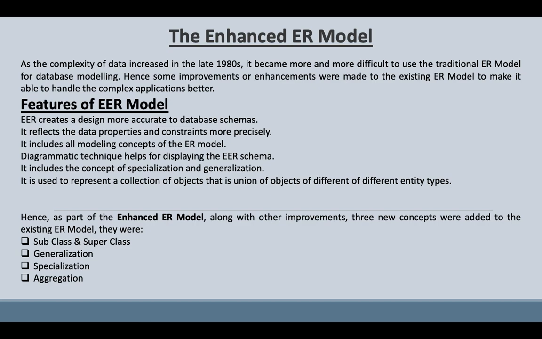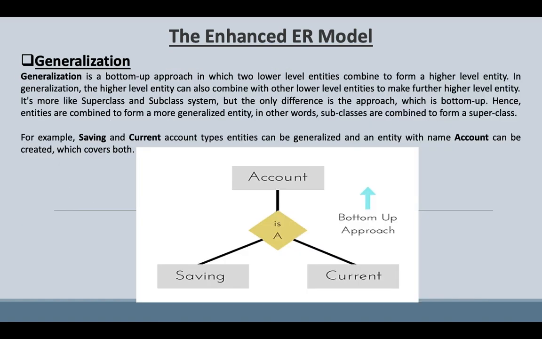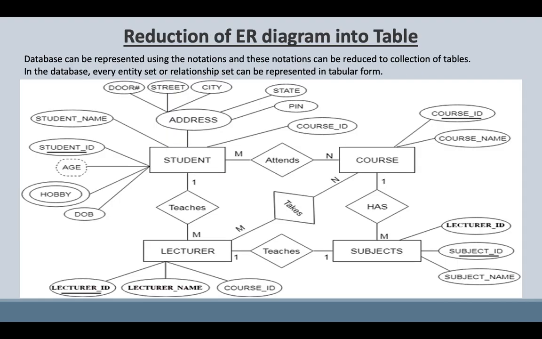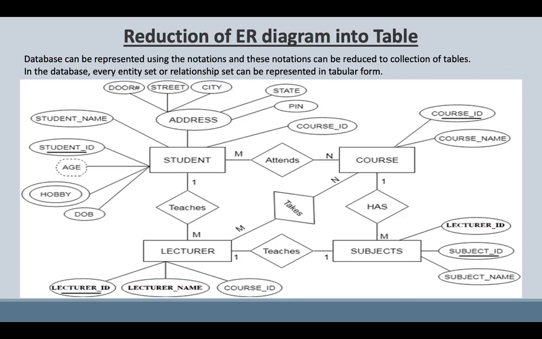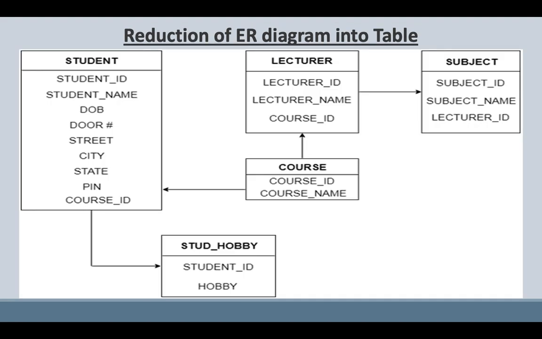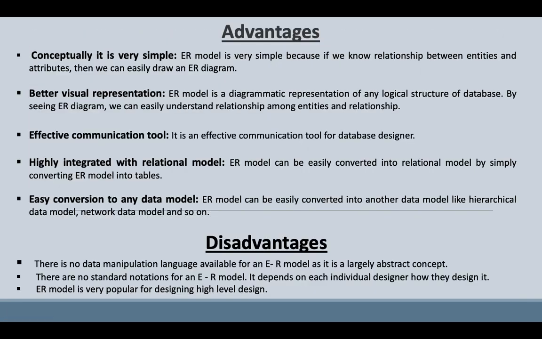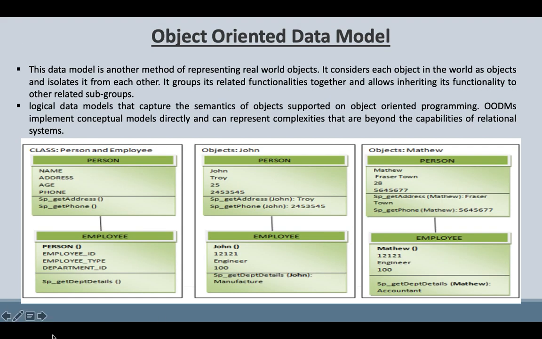Some drawbacks are there in the ER model, so that's why the object oriented features are added to that ER model. So the class concept has also been infused here. Generalization, specialization, aggregation are also infused so that it can easily convert into a relational table, right? So these things we will do. That also we have done in object oriented data models.